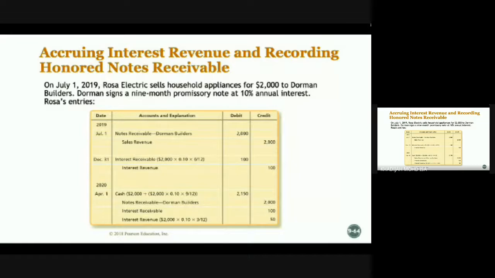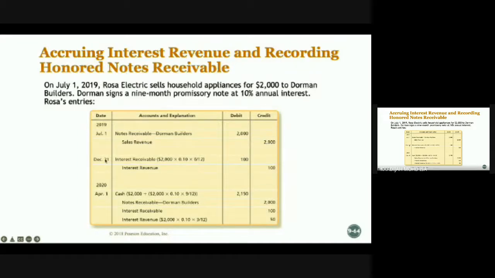Honored notes receivable 2,000, sales revenue 2,000. So in December you record a 10% receivable. Another example is 2,000 with a 9-month promissory note at 10% annual interest rate. Remember that this one is July 1st.